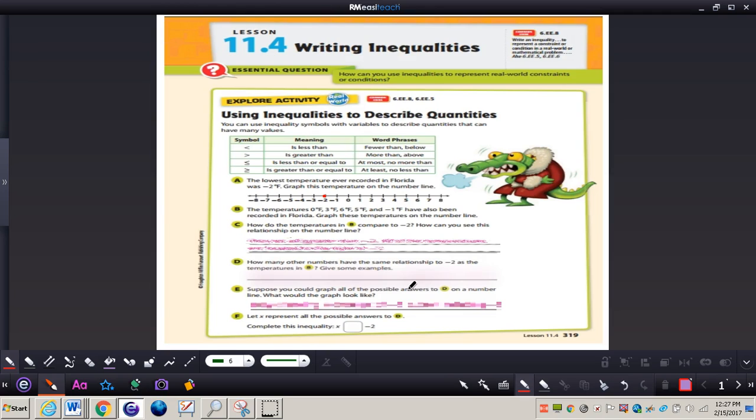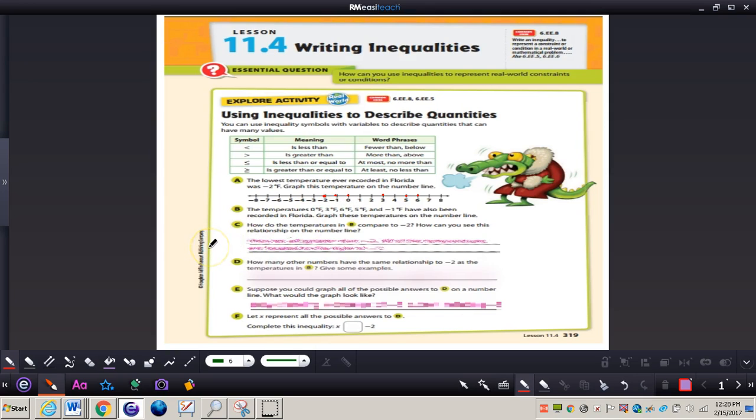Graph these temperatures on the number line. So we'll do 0, then 3, then 6, then 5, then -1. Those are all the temperatures we're dealing with in this problem.